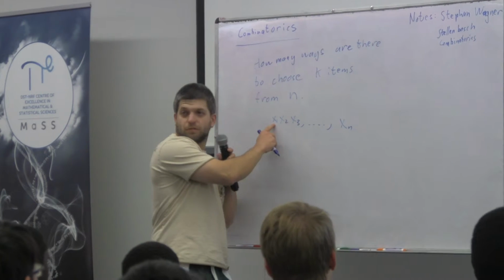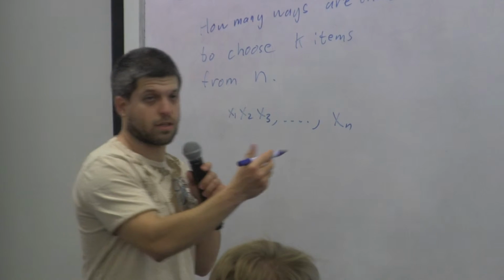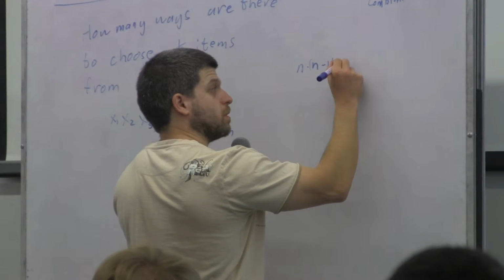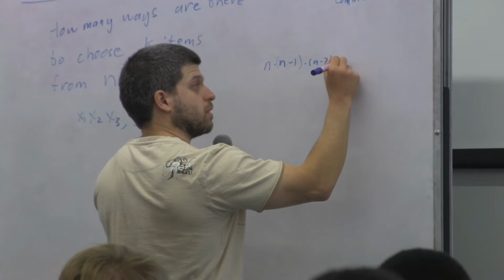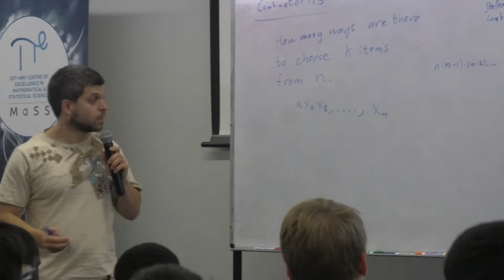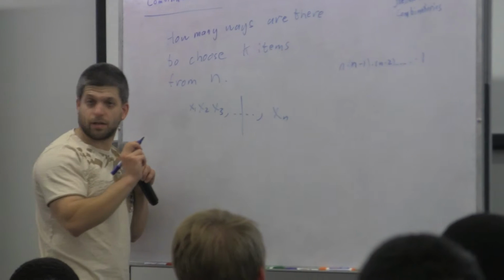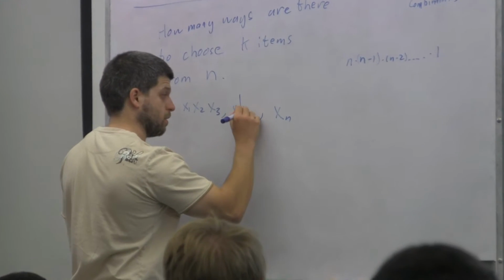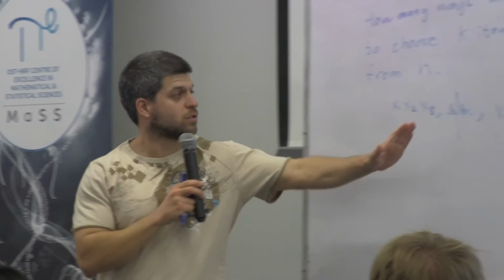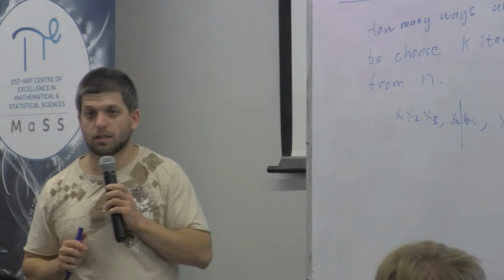Well, there are n ways to choose the first guy, n-1 to choose the second guy, n-2 to choose the 3rd guy, so that's n times (n-1) times (n-2) down to 1. Right? Okay, and now I'm going to draw a line after the kth person and choose all the people on the side. Okay, that makes sense, right?